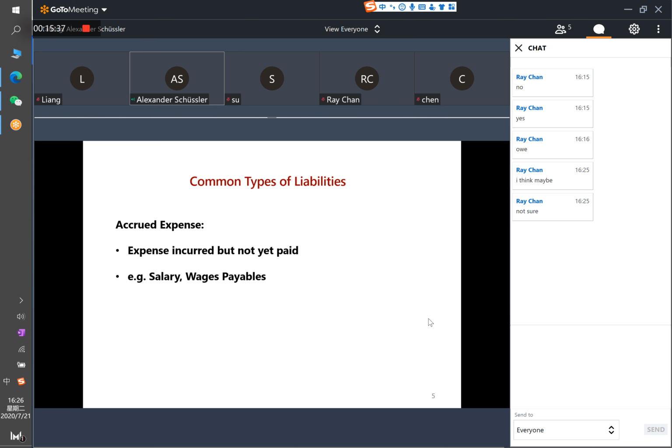This employee compensation is the most important expense. Think about consulting firms, auditing firms, investment banks, all that kind of firms. They have to pay a lot of salary. This is the biggest expense position for them. And therefore, if they do not pay immediately, but later, then this is also salary payable. Then we have taxes payable.